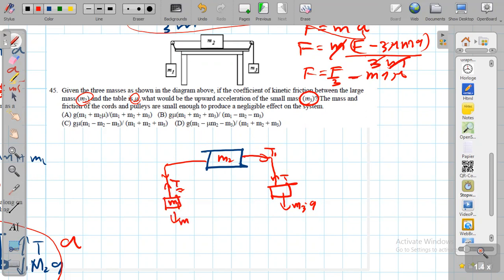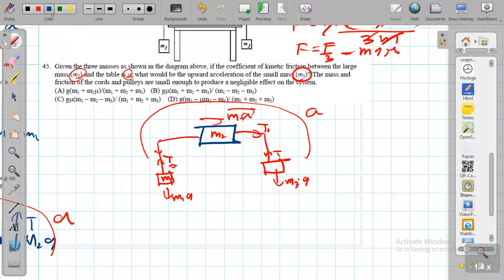This M1G, M3G. So this is just going to get accelerated on M2A, and all this system is accelerating under the same acceleration. And since this one is accelerating to the right, there is a friction. I will just mark it like this, to the left. Now I have to mark all the forces on the system.